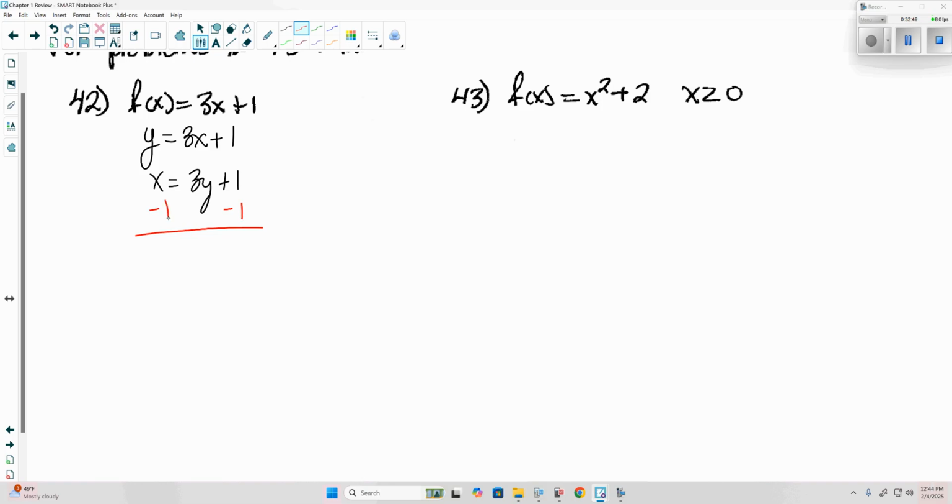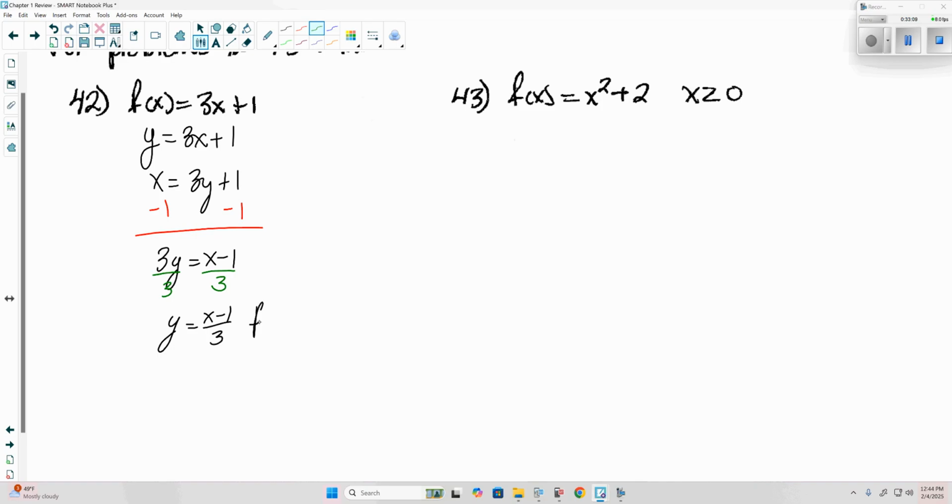So here the first thing we're going to do is subtract 1, telling us 3y is equal to x minus 1. And lastly, we'll divide by 3, telling us y is equal to x minus 1 over 3.